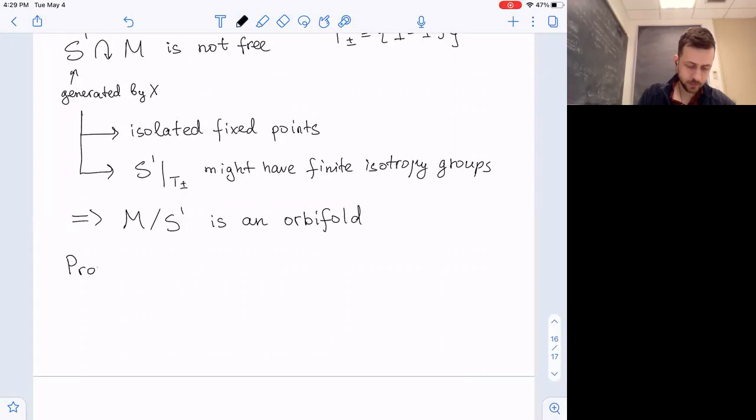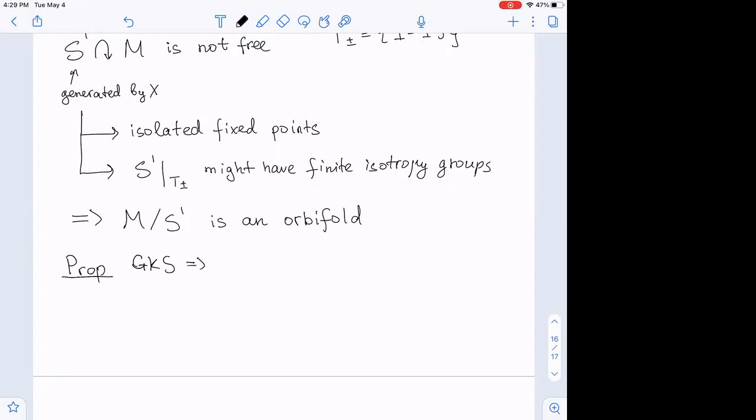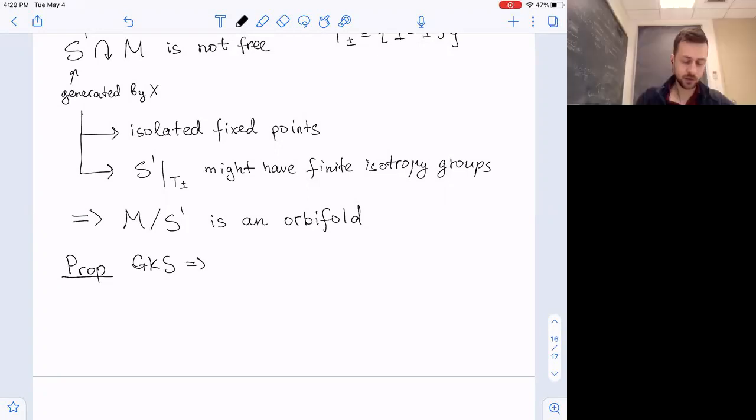Proposition. Under the ansatz above, generalized Kähler-Ricci soliton equations, well, actually, this is true in general. So, in general, generalized Kähler-Ricci soliton equations imply that locally there exist potentials psi V_I and psi V_J.